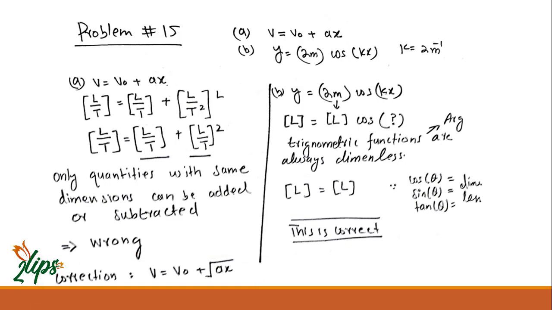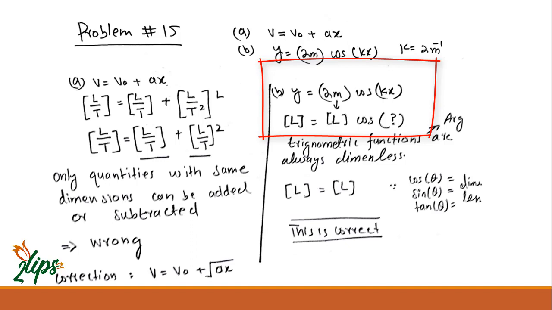In the second formula, it is asked to check the dimensions. Here y is the displacement, and next we have 2 m, where m stands for meter, and further we have cos kx. Let us put the dimensions. The dimension of y is length, and next we have 2 m. 2 does not have any dimension, it is a number, but meter stands for length, so I can write L. Further we have cos kx.